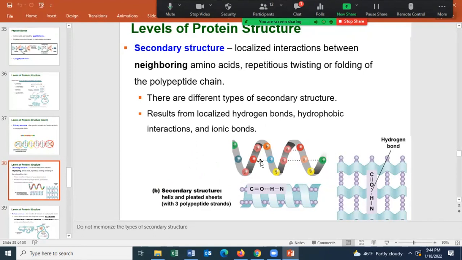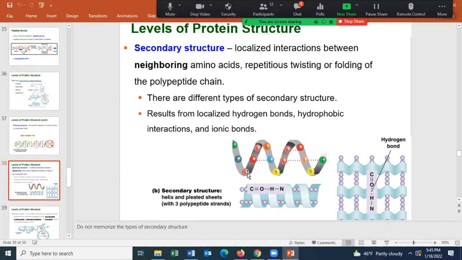And there's a lot of interactions that can happen. I think the video may have only said that there was one, and your textbook may say there's only one. And that is, there's a hydrogen bond that can form between this amino acid and that amino acid. But there are other interactions that can happen in the secondary structure.